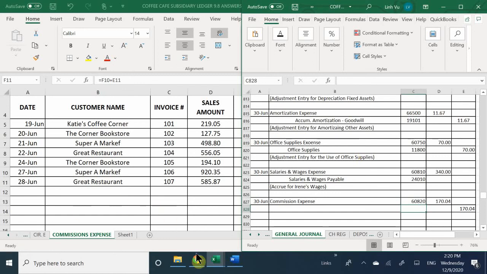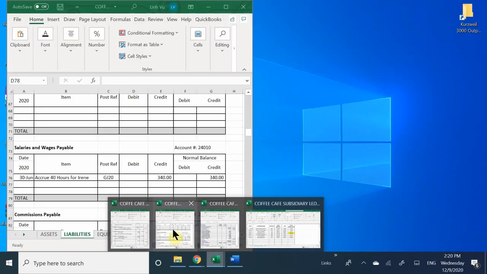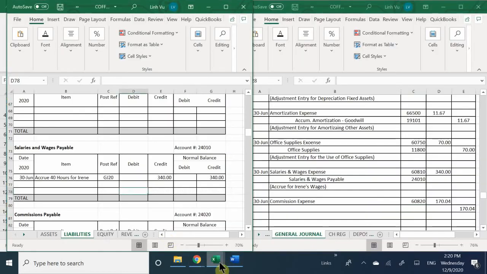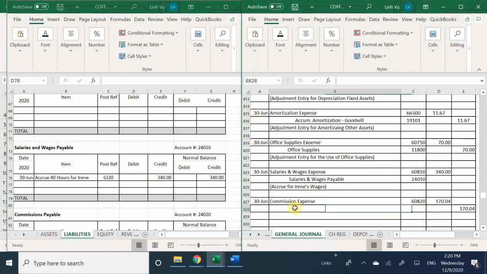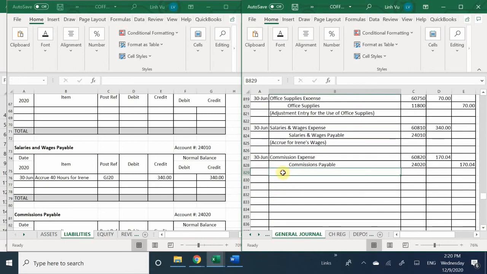And then lastly, we're not paying him today. We're going to owe him. So what account am I going to be using for him? Commissions payable. Yes, commissions payable. And that account number is 24020. Got it.